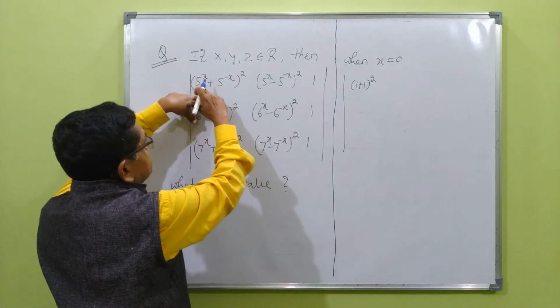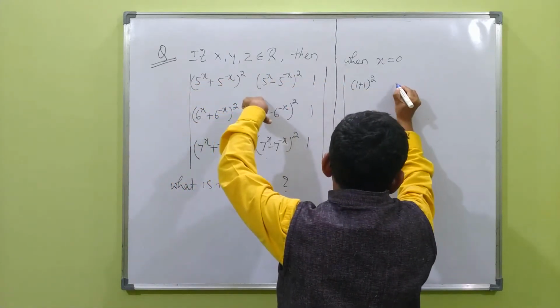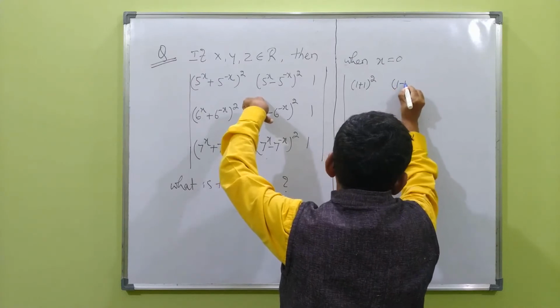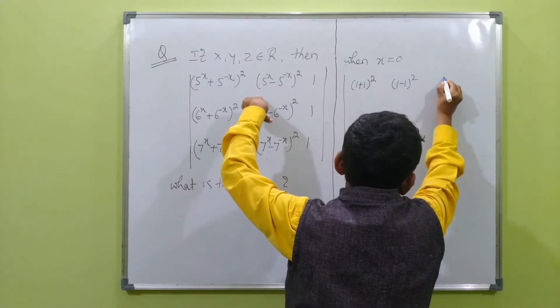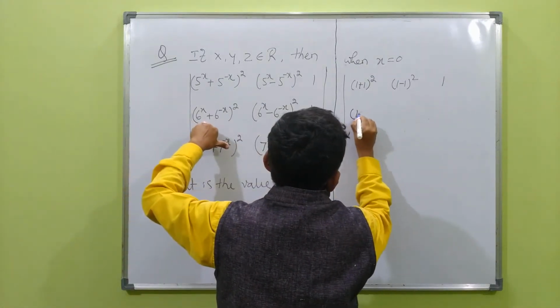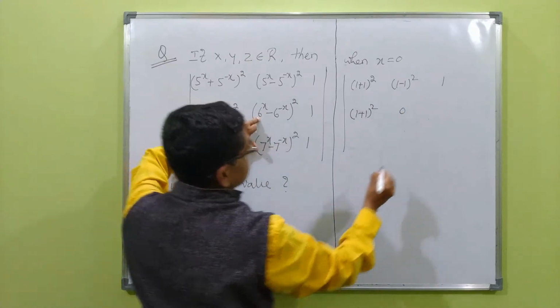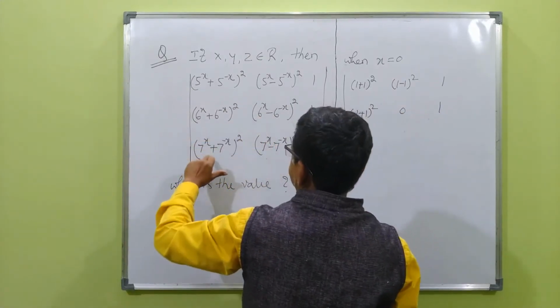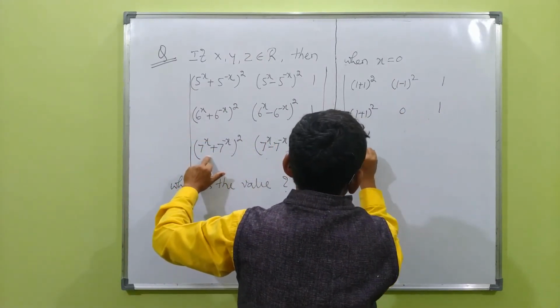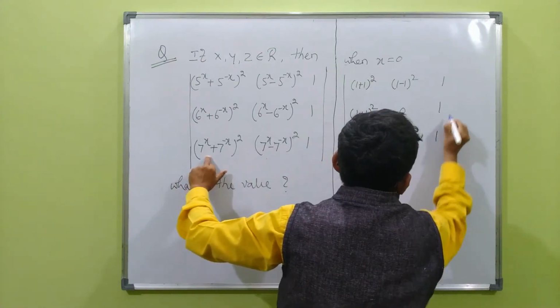Similarly, this is 1 minus 1 whole square, and 1. So this also is 1 plus 1 whole square, and this will become 0 and 1. This is again 2 square, this is 0, this is 1.